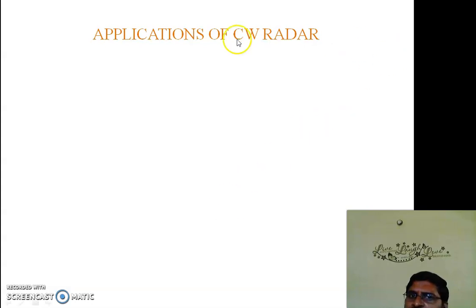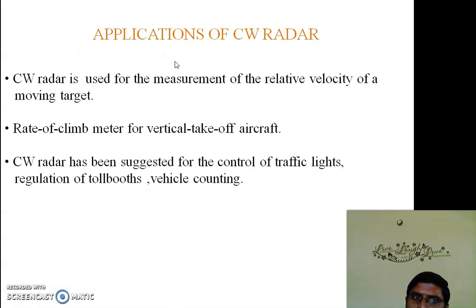Next, applications of CW radar. CW radar is used for the measurement of the relative velocity of a moving target. That is the first application. Simple CW radar is used for finding the relative velocity of a target with respect to the radar. Next, rate of climb meter for vertical takeoff aircraft. If an aircraft takes off vertically, then it is used to find the rate of climb.